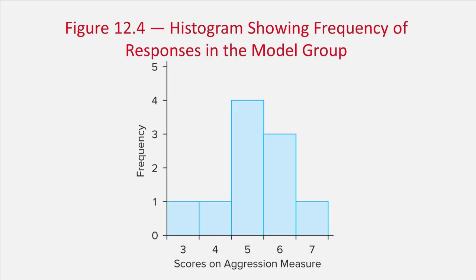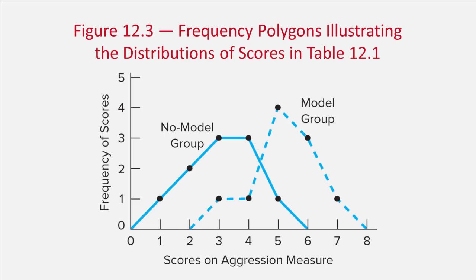That's indicated also by a frequency polygon. So the information in the model group that we just looked at can also be represented using this dotted line that connects the dots that represent the frequencies for each category in the previous slide. The no model group is represented on top of that. So what we can see is that in general, the scores for the group that was not modeled aggressive behavior are lower than those that were modeled behavior.